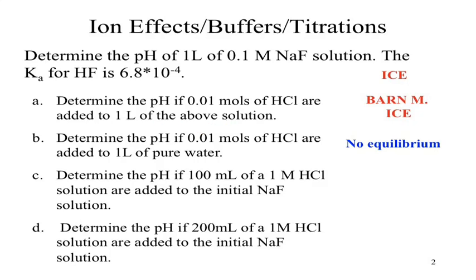We would get... I'm trying to do way too many steps in my head. 10 to the minus 4, 1 over 1.1. Did I do that translation right?